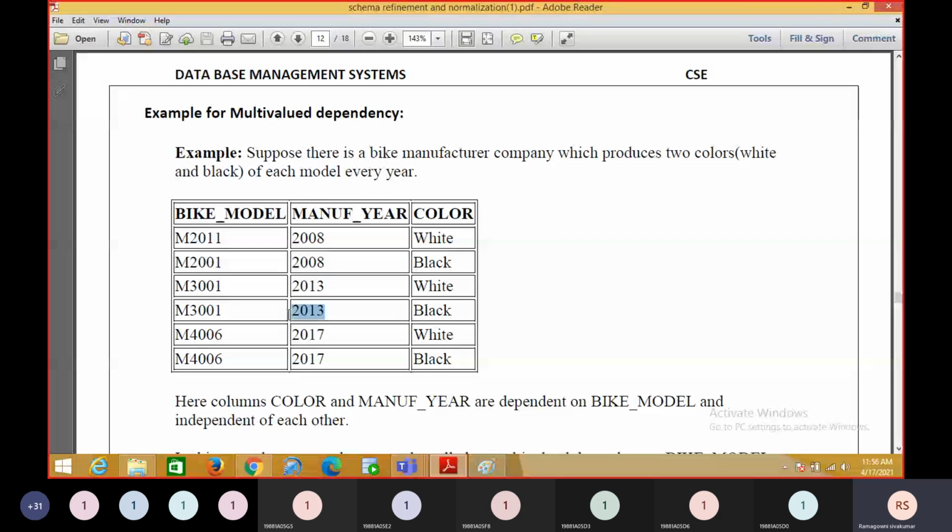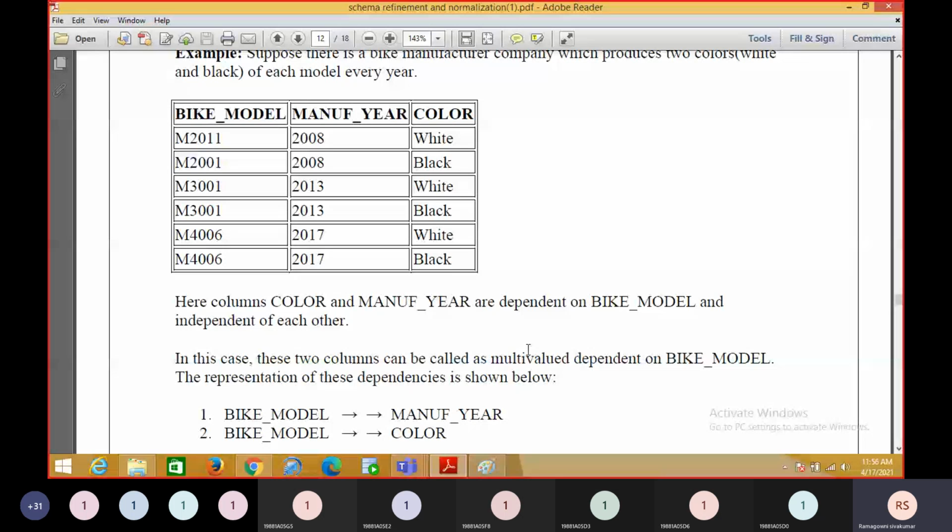So now this is the data. So here the columns color and manufacturing year are dependent on the bike model. These two attributes depend on the bike model, and are independent of each other.